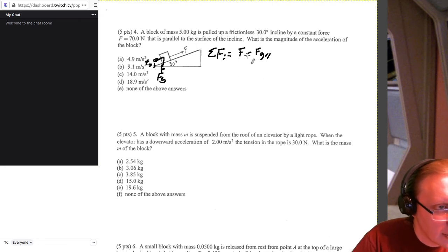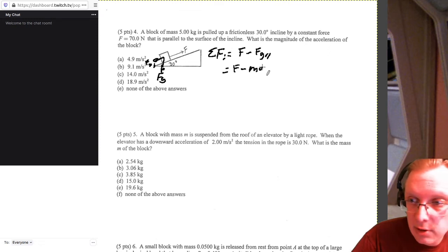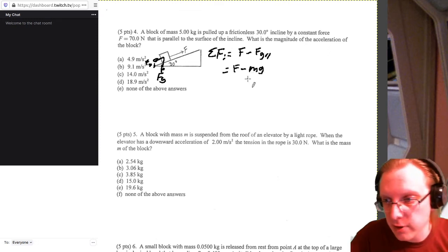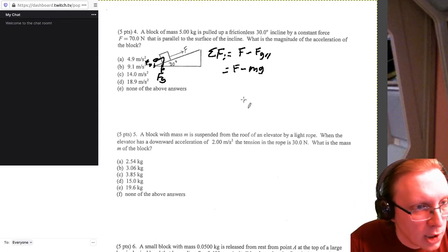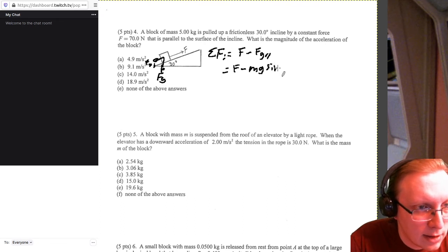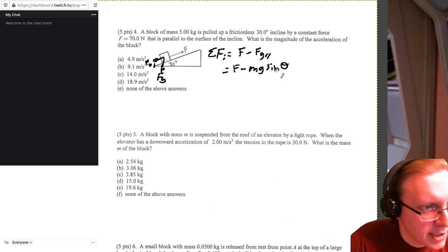We need the force gravity parallel, so that turns into F minus mg sine theta. I want sine here because if theta was 0, then sine of 0 is 0, and we have no parallel force. So that makes perfectly good sense.